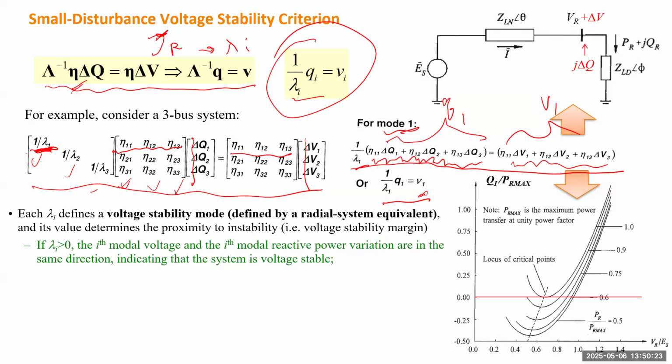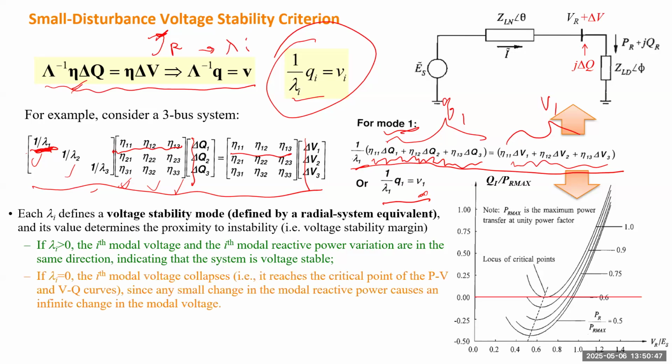For positive lambda i, the ith modal voltage and the ith modal reactive power variation are in the same direction. This means if your voltage control is designed to improve voltage by increasing reactive power, such control can succeed because lambda is still positive.